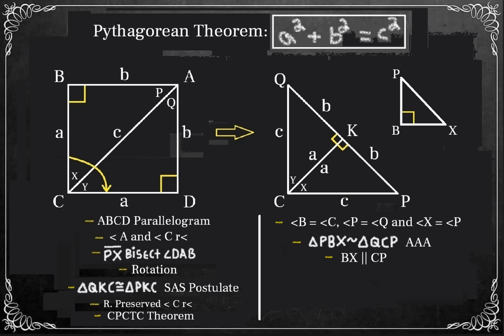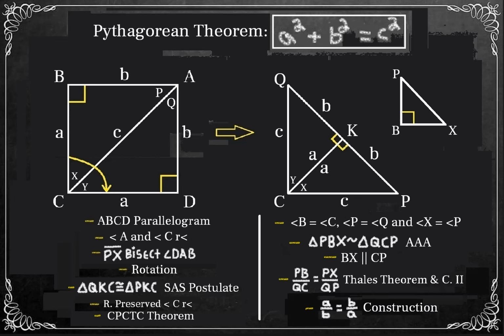means triangle PBX is similar with triangle QCP by referring to the triple angle theorem of similarity, which we just proved, which is very nice because we can inscribe the triangle PBX within the triangle QCP so that line BX is parallel with line CP.